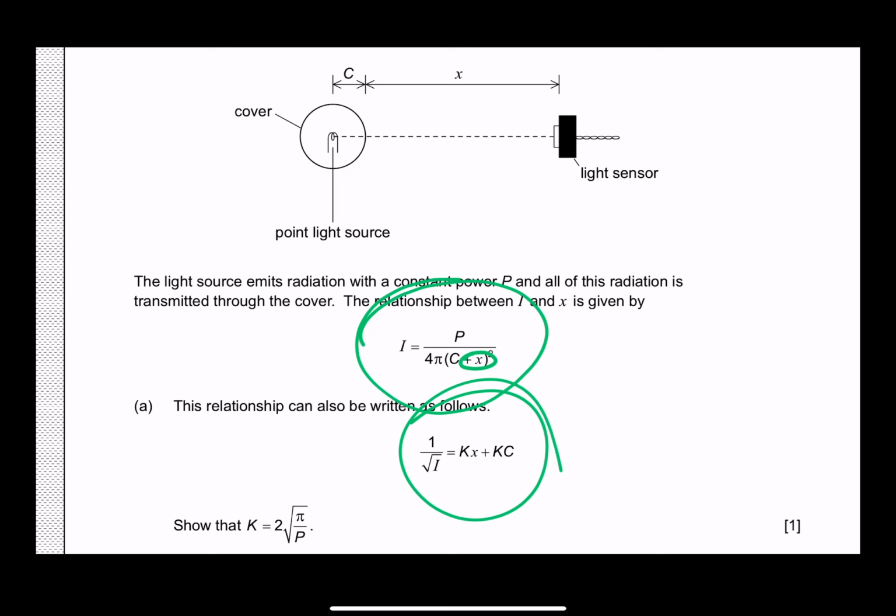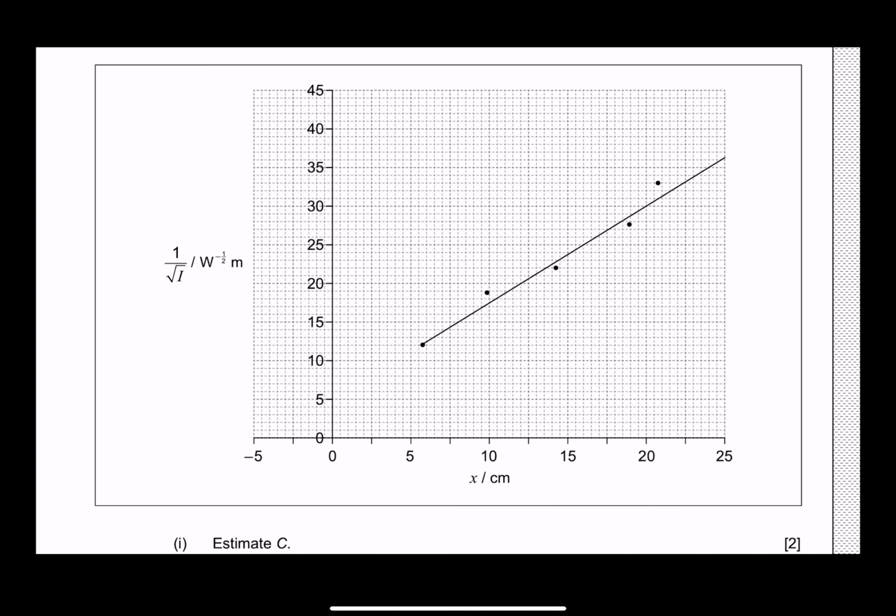But if you wanted to take that 1 over x squared, that inverse square law, and turn it into a linear expression with displacement, then you would need to do 1 over radical I, and that's why they did that on this side here. And I just want to comment on the units of watts to the negative 1/2 times meters, and that's fully an artifact of 1 over radical I, where I is the intensity. The units for intensity are watts per square meter.